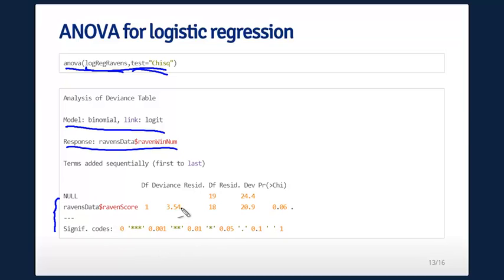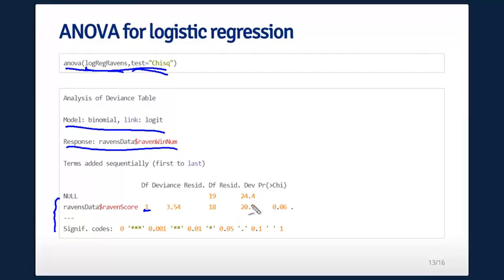Okay. So the null model includes just an intercept, and the deviance is a measure of model fit compared to the previous model. The degree of freedom equal to 1 here corresponds to the one extra parameter we've introduced by including the slope.